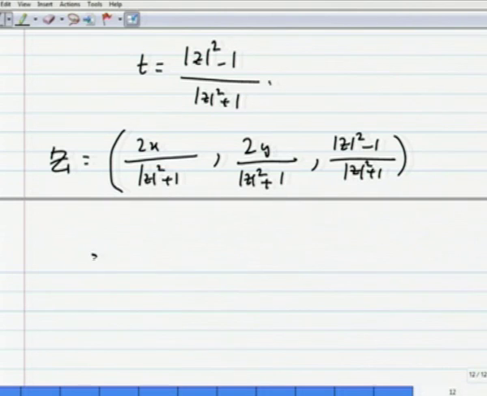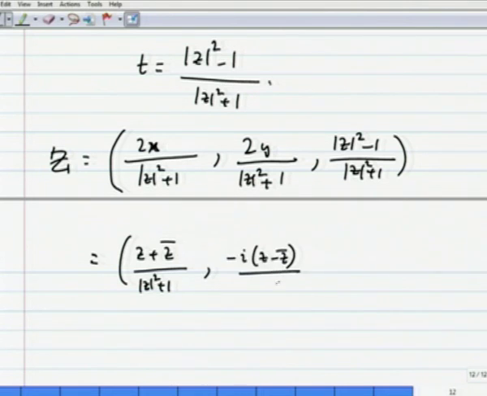And if you want to write this completely in terms of the complex number z, we will remove the appearance of x and y. So, this is (z + z̄) / (|z|² + 1). Recall, z̄ represents the conjugate of z, and then -i (z - z̄) / (|z|² + 1), and then (|z|² - 1) / (|z|² + 1).